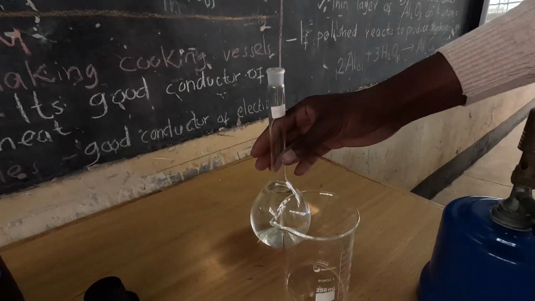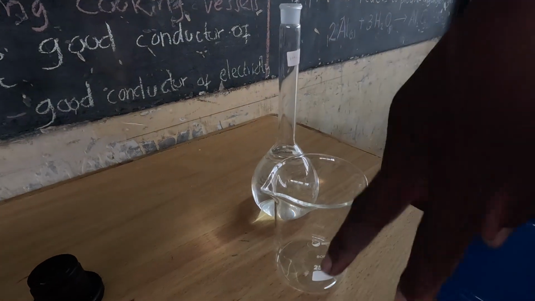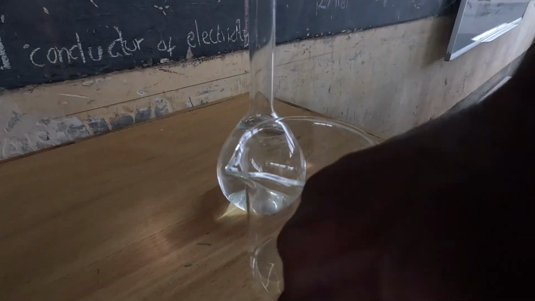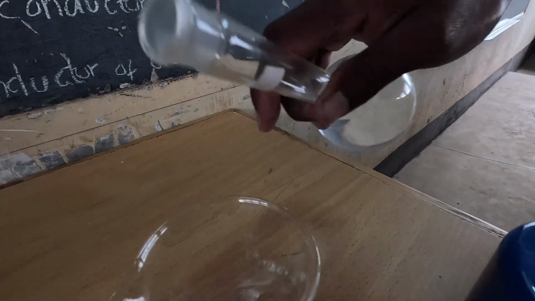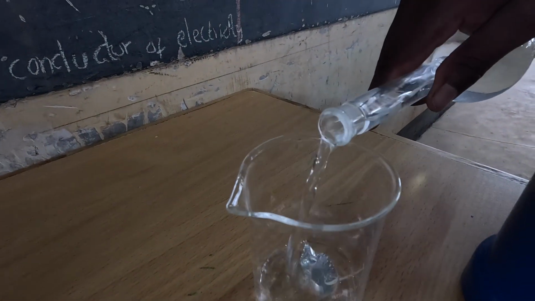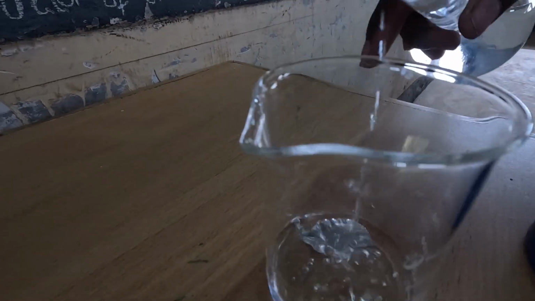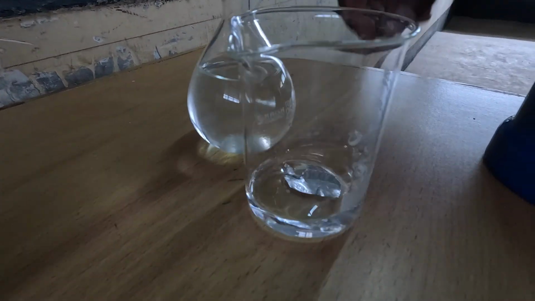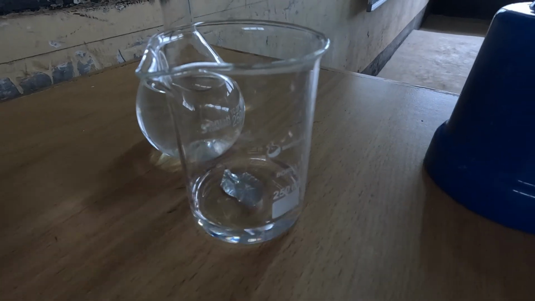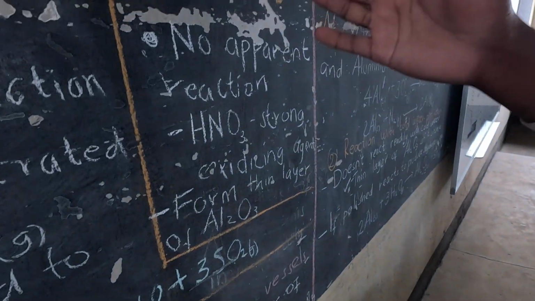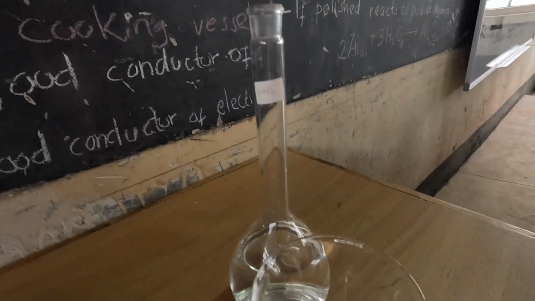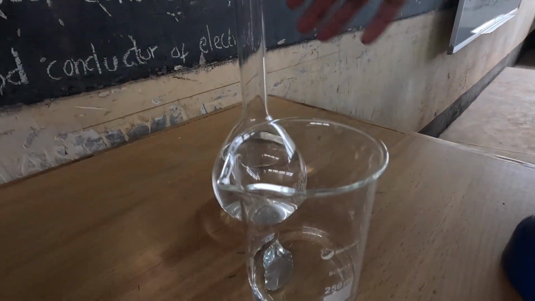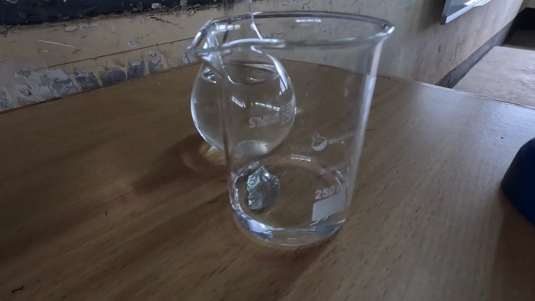Then we are going to get to this part whereby we're reacting our aluminium with nitric(V) acid. We will add it there. If you can see well, there is no apparent reaction. But if we are going to use concentrated nitric(V) acid, it will just form a thin layer of aluminium oxide and will not react.